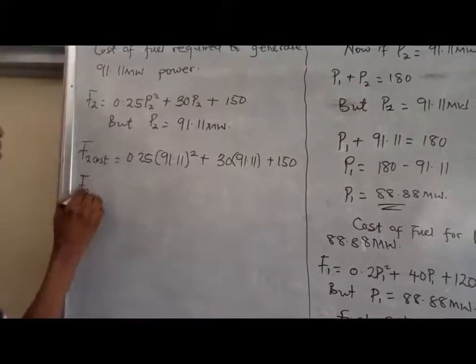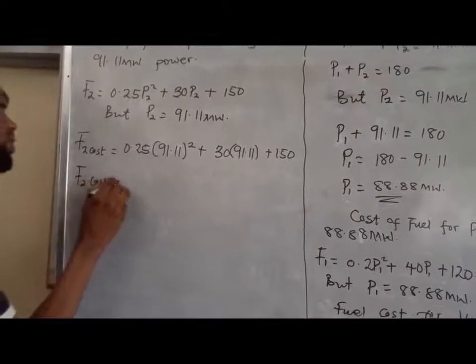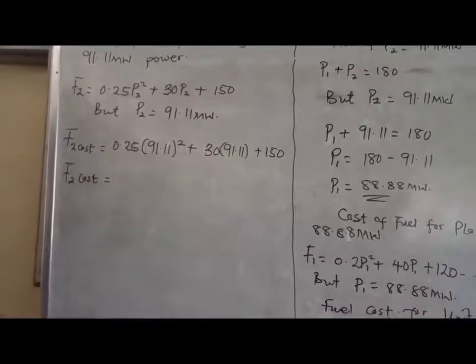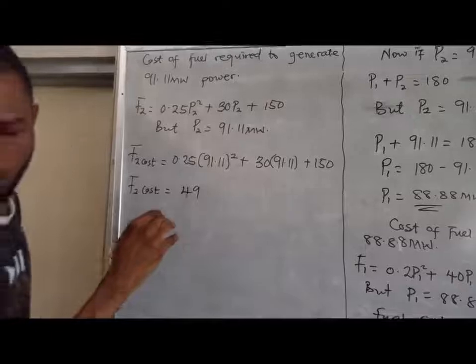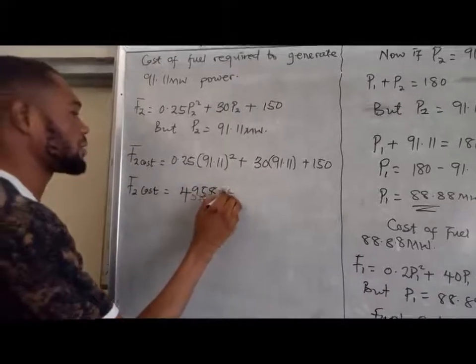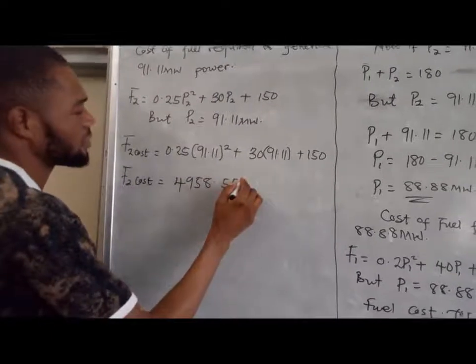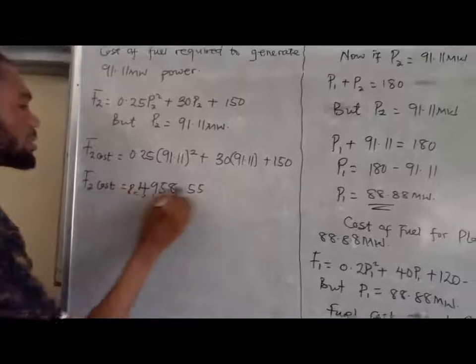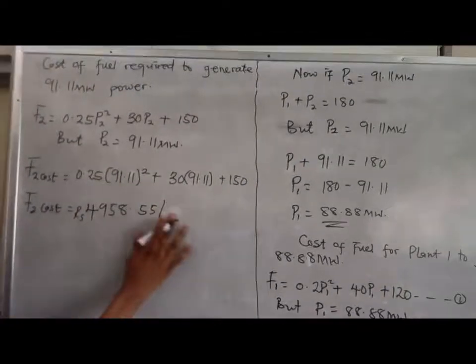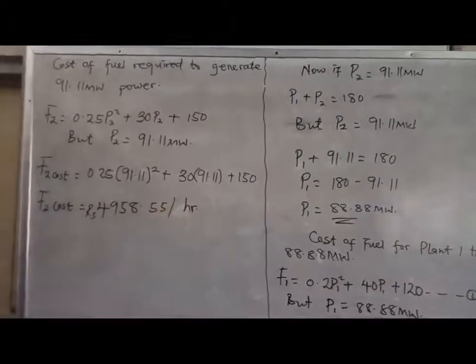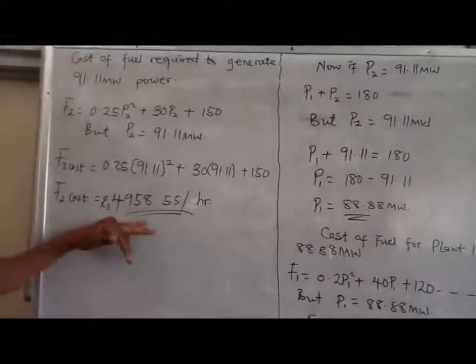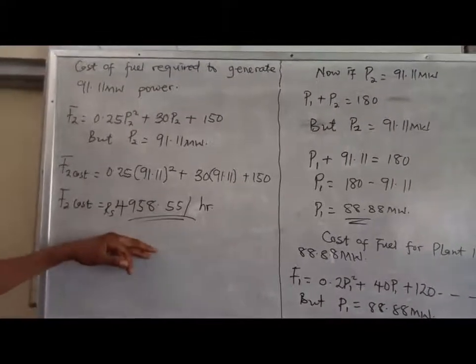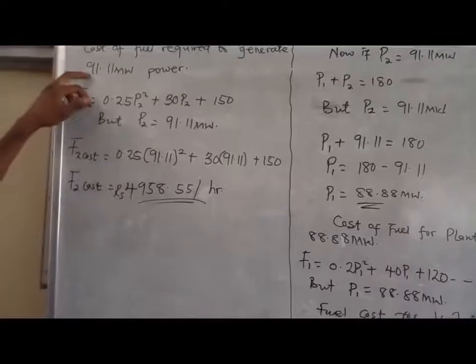Then the cost of fuel for generating this will be Rs 498.55 per hour. So in every hour, this is the cost of fuel required for us to generate this.